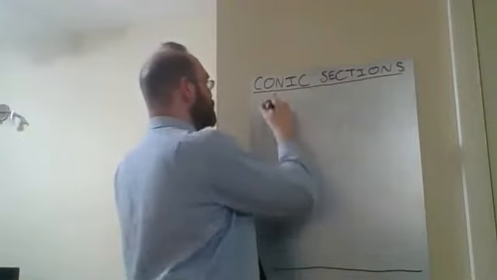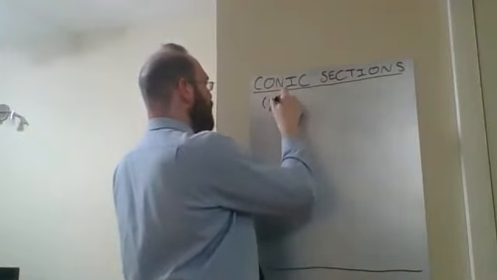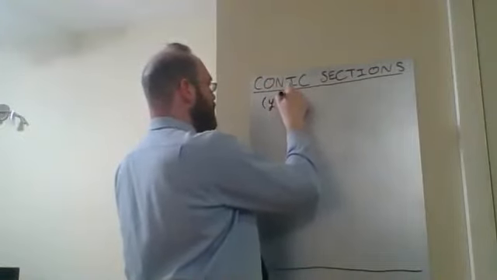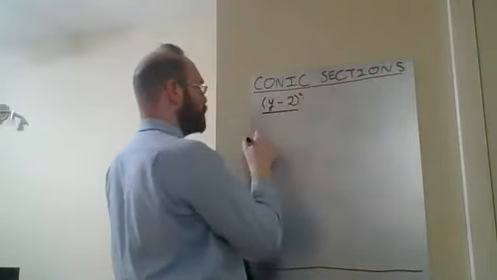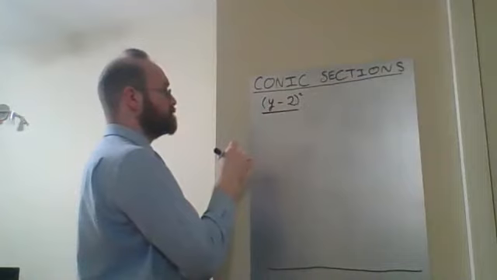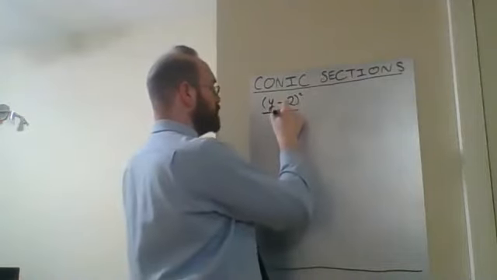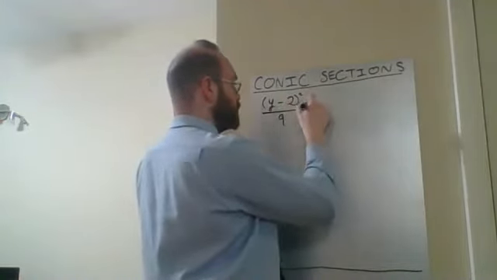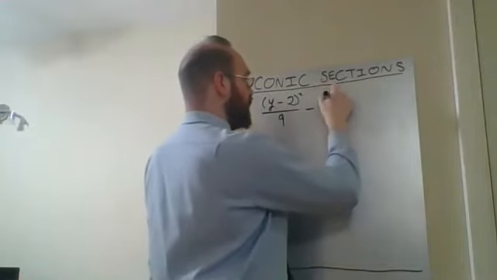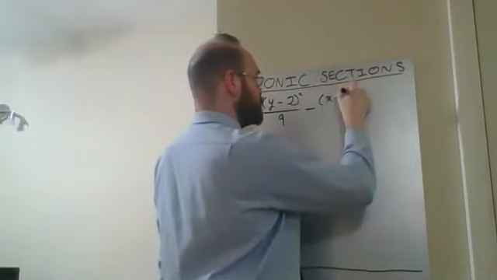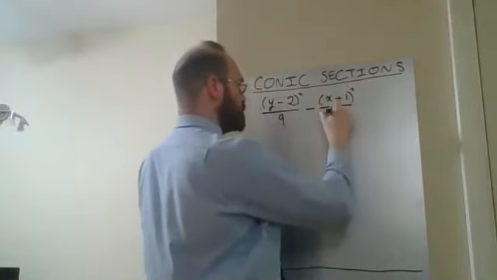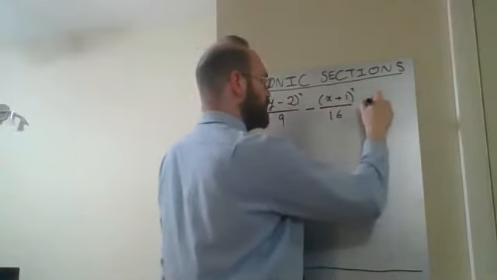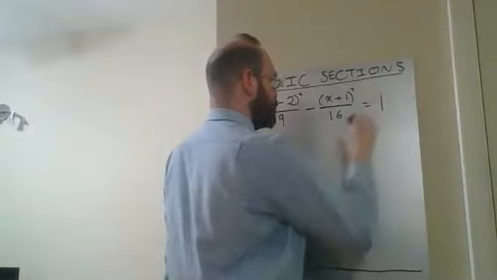So let's do y minus 2 squared over 9, minus x plus 1 squared over 16 equals 1.